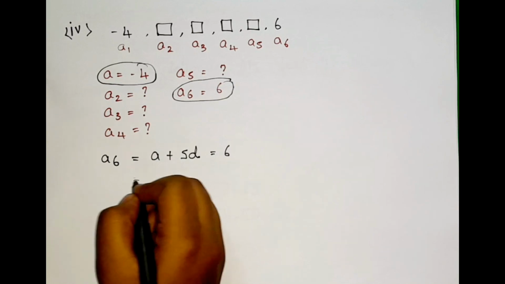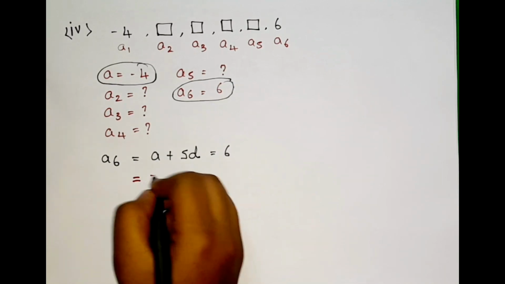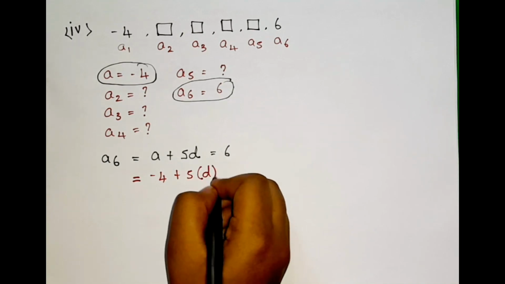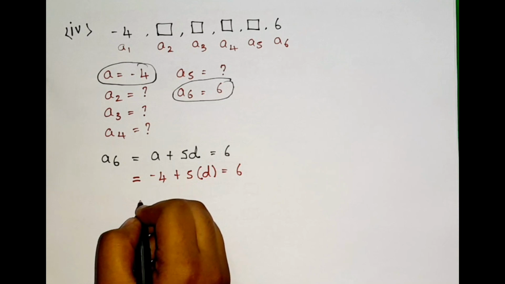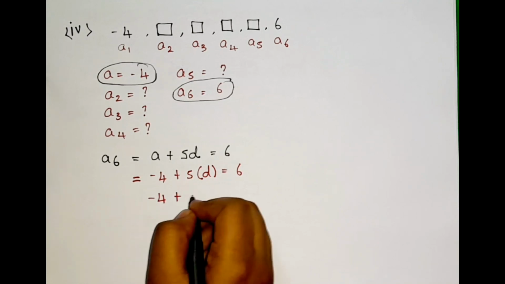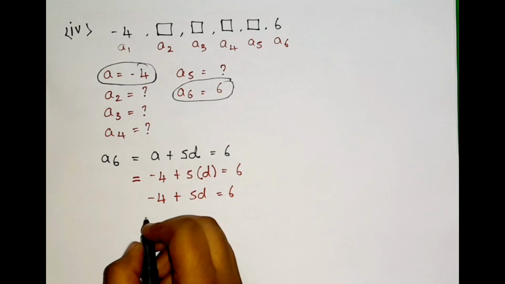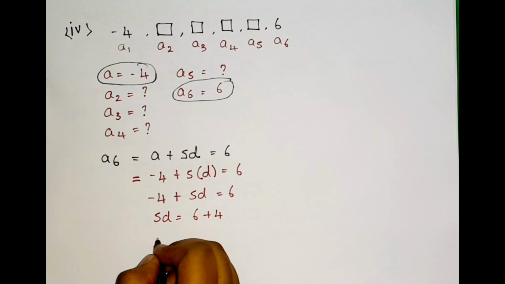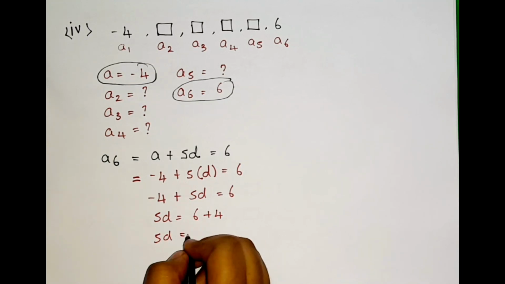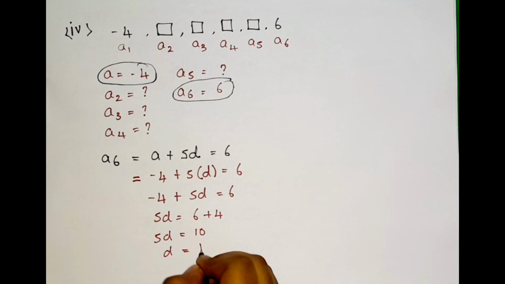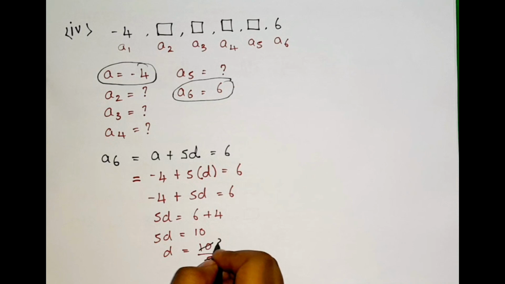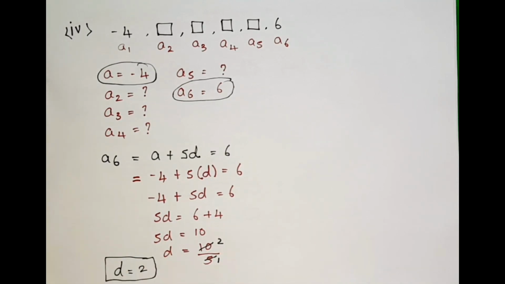So the A value is minus 4 plus 5, the D value we don't know, so into D is equal to 6, and minus 4 plus 5D is equal to 6. So 5D is equal to 6 plus 4, which is 10, and D is equal to 10 divided by 5. When we cancel it, we'll get 2. So what is the D value? 2. This is how we are supposed to find the D value.